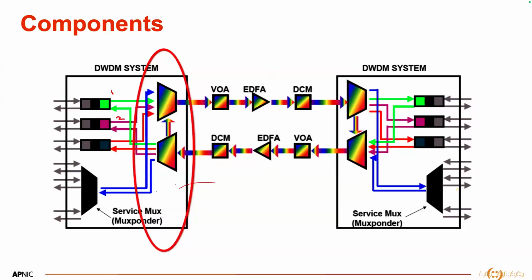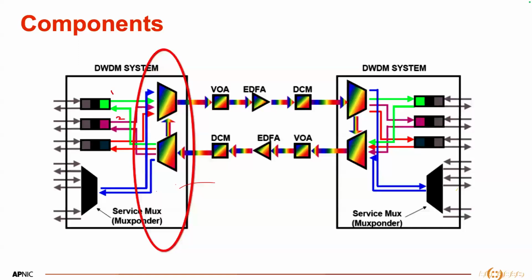If you could, then we wouldn't have needed a lot of bands. We wouldn't have needed the whole C band, the whole L band, and moreover the U band. So why do we need these bands? Because you cannot repeat wavelength. You just can't.